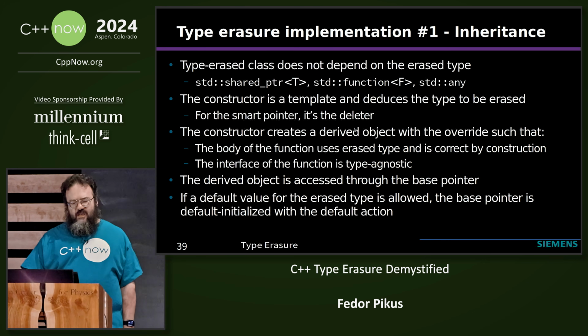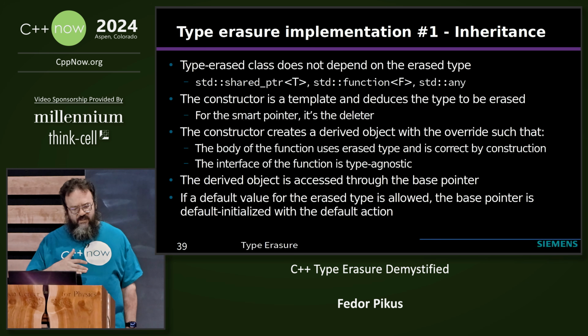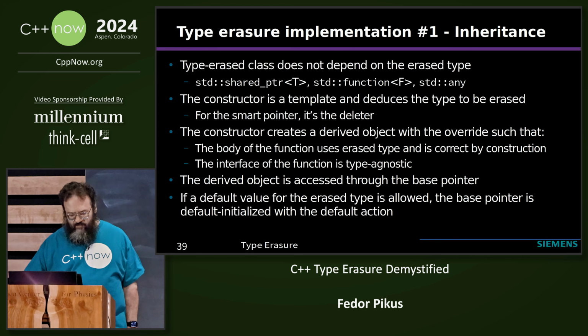If we're using the inheritance-based implementation of type erasure, the constructor will create a derived object with overrides that are aware of the type we are erasing, like the deleter. But the interface comes from the base class, and the base class is not aware of the type we are erasing, so the interface has to be completely type agnostic. You might have casts involved.